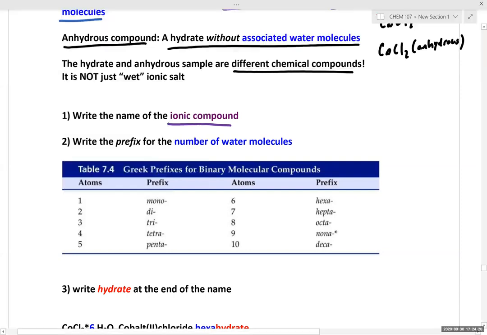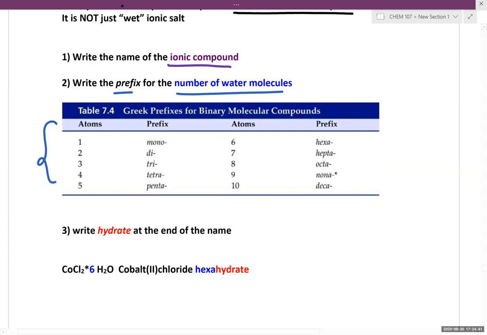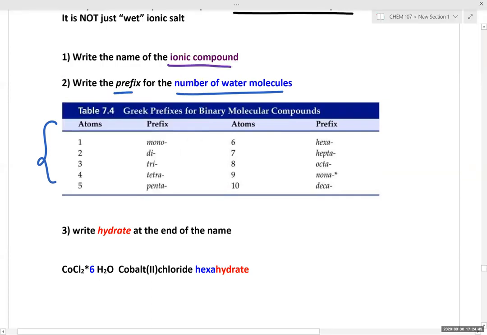Once we have that out of the way, you write the prefix for the number of water molecules. And these prefixes are found below. Don't worry, even though it seems like a lot to memorize initially, you'll use these prefixes again when you're naming covalent compounds. So it's not like you're only memorizing it for one purpose. Finally, once you've included the prefix for the number of water molecules, you write hydrate at the end of the name.